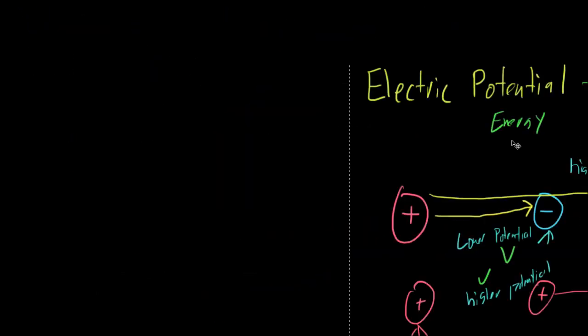Okay. If we wanted to measure the voltage between 2 points in a field, so we've got point A and then point B over here, and there's some electrical field generated by some charge. We don't know what kind of charge, but there's an electrical field. How could we do it?